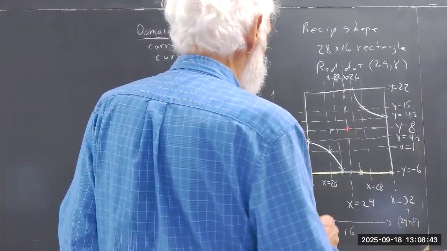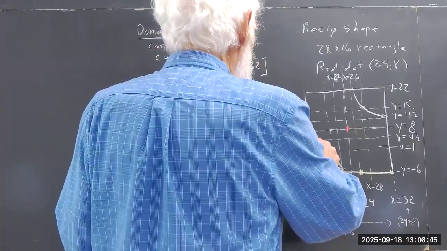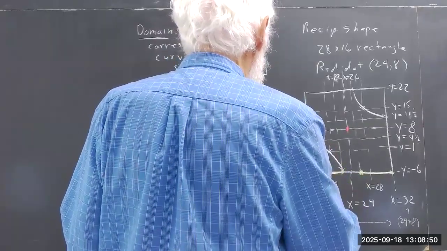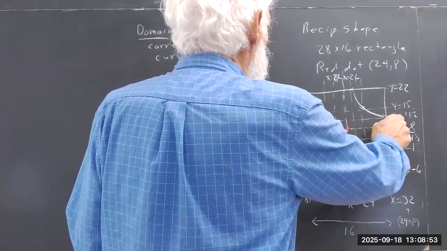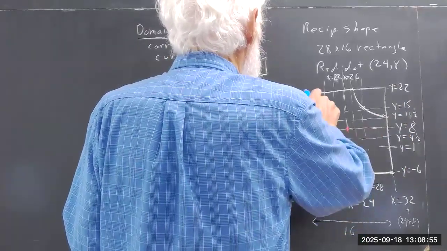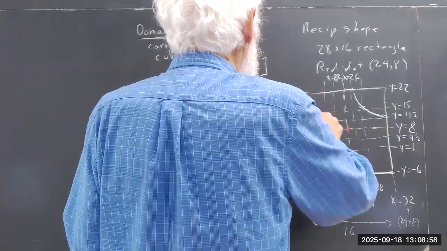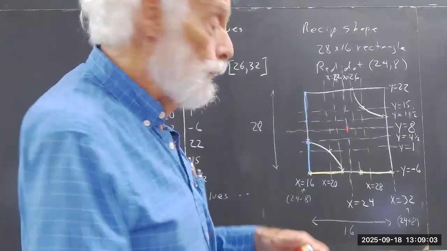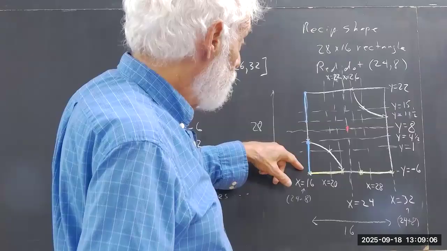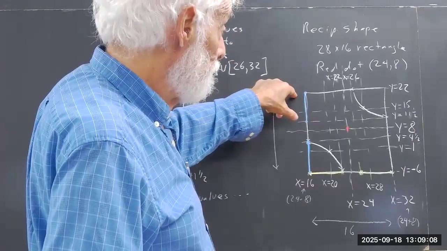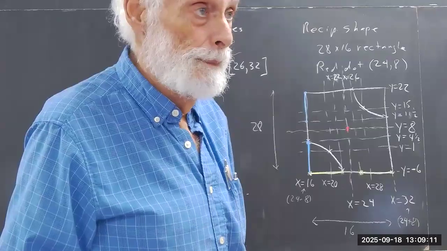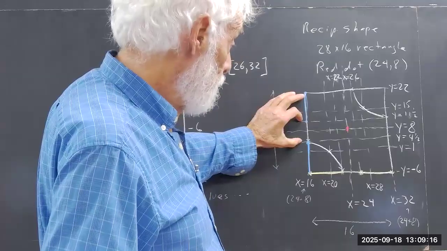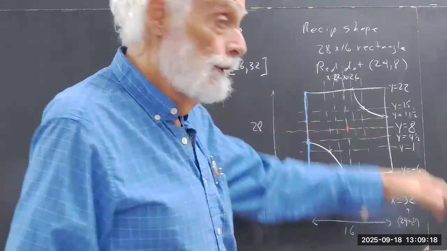Well, we've got y values from here to here, and we've got y values from here to here, that correspond to points on the curve. If you draw a horizontal line through any one of these points on either of the blue intervals, it's going to go through a point on the curve. If we draw a line through any point between here and here, there's no curve to hit.